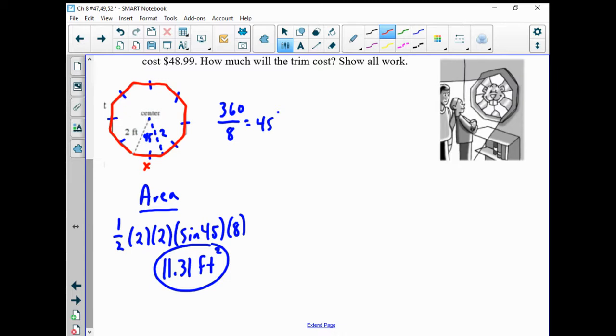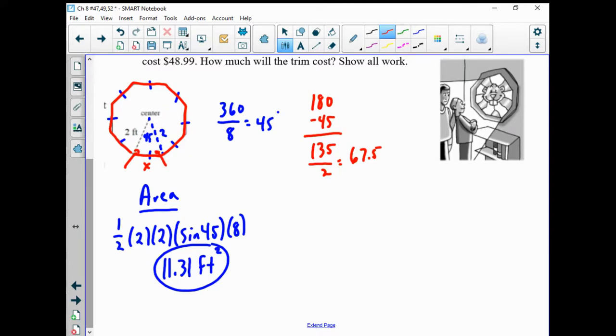So if I take 45 away from 180, and then I cut that in half, that'll tell me what each of those 2 angles are. So each of those angles are 67.5. That would be here and here.